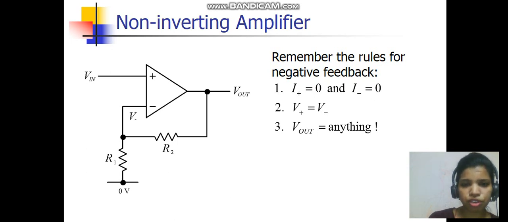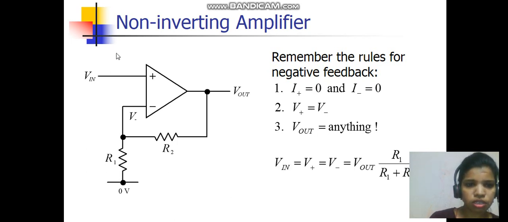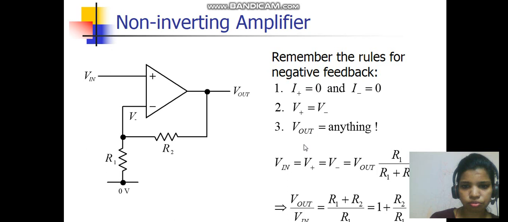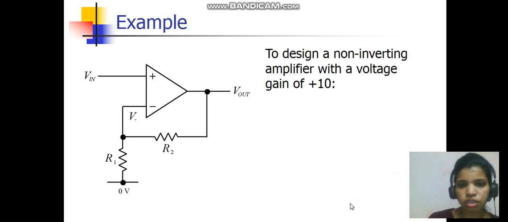So how to find out V out? Remember, this positive voltage equals this negative voltage. So we will apply the voltage divider rule here. The voltage across this is V out into R1 upon R1 plus R2. By solving this equation, V out upon V in equals 1 plus R2 upon R1.